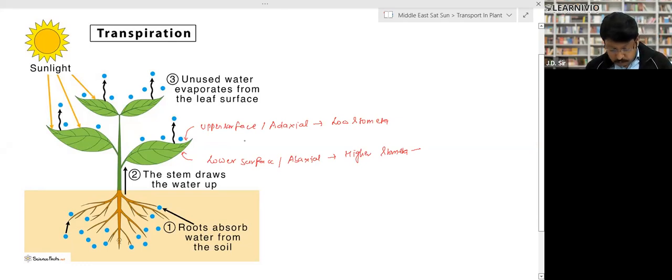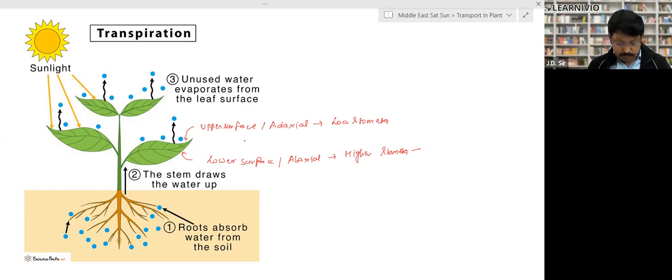The loss of water from the exposed part of plant is called transpiration.